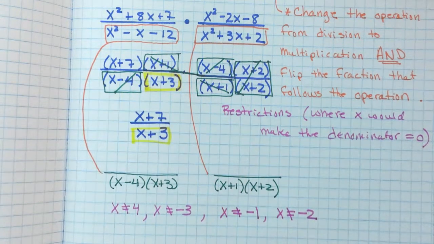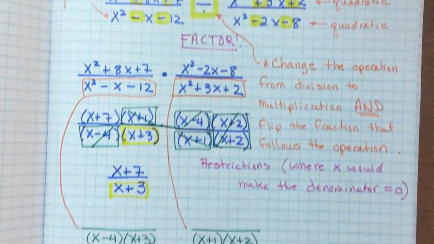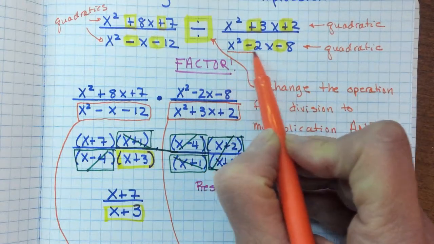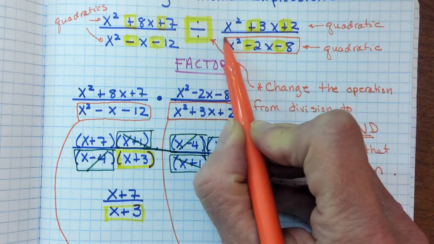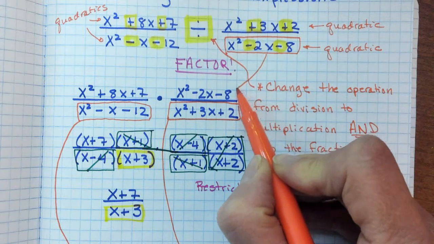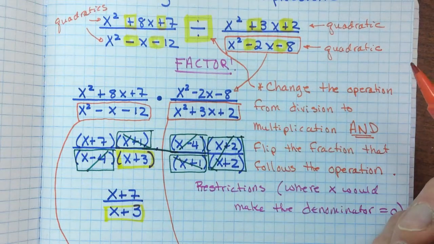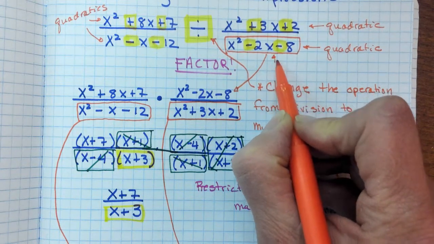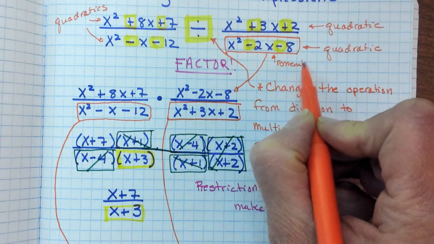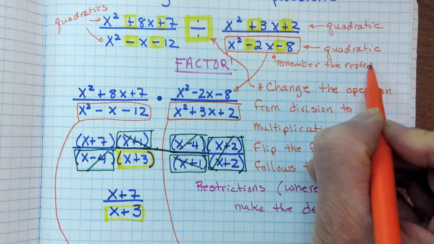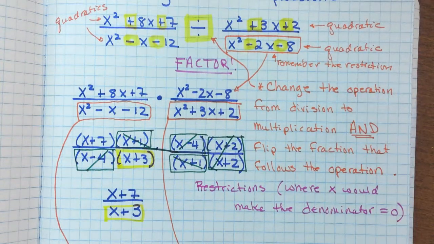But we have to be careful. We have one more restriction, and that comes from our original expression way up at the top. If we look up here, we have this denominator here, which, when we flipped it, turned into our numerator. But there's still a restriction here, so we have to remember the restriction from the very beginning.